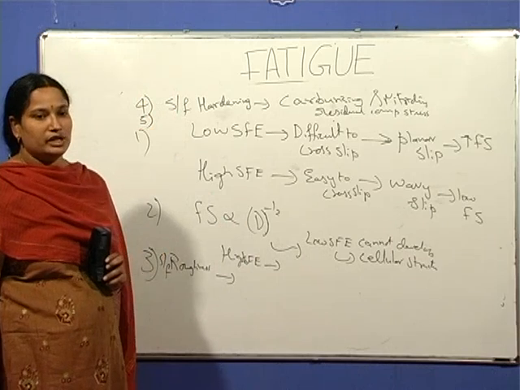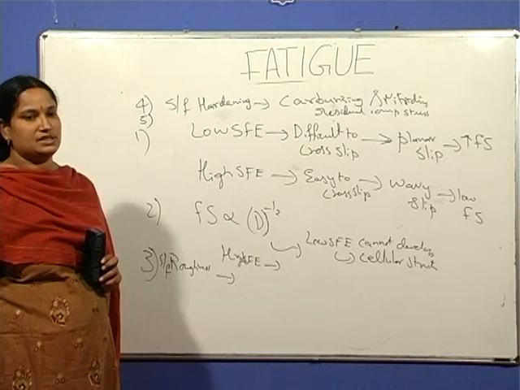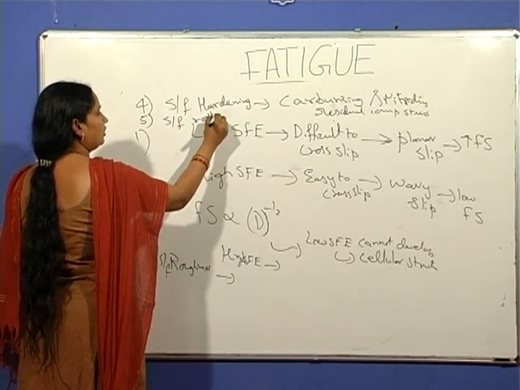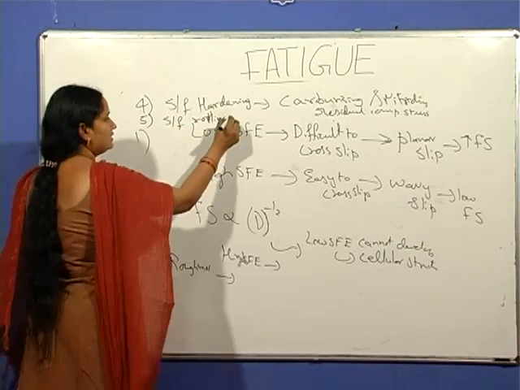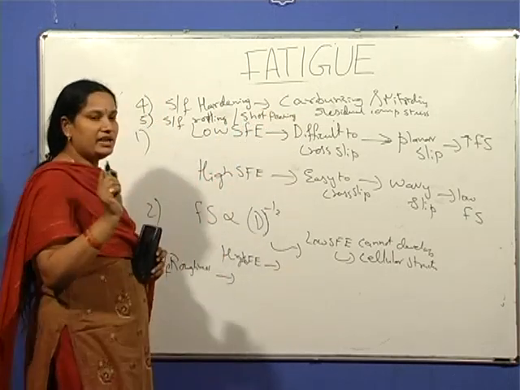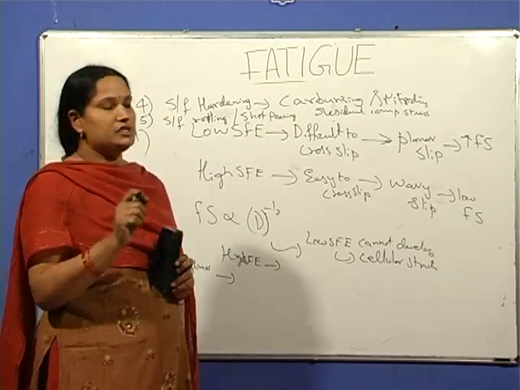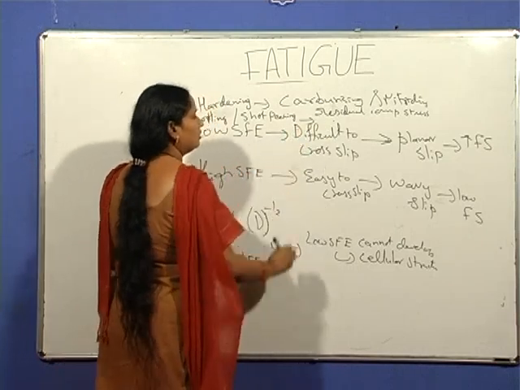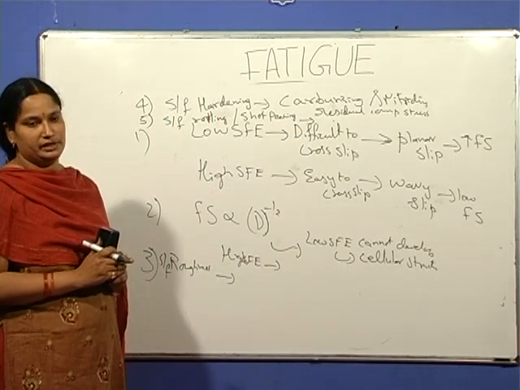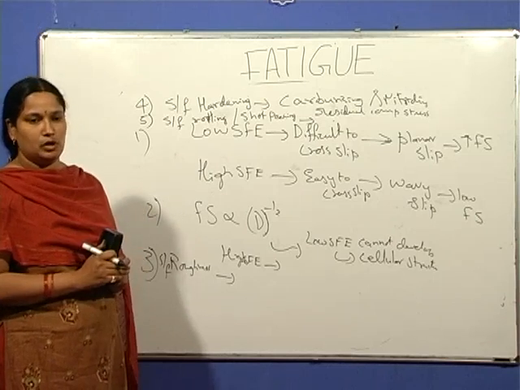Then one can also induce residual compressive stresses on the surface by means of surface rolling using contoured rollers, as well as by shot peening. Shot peening is a method which uses fine steel shots, fine steel balls, which are shot at very high velocities on the surface of the component.